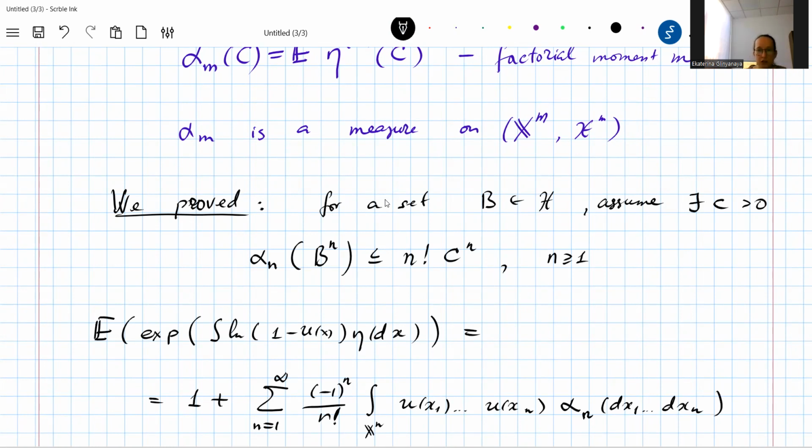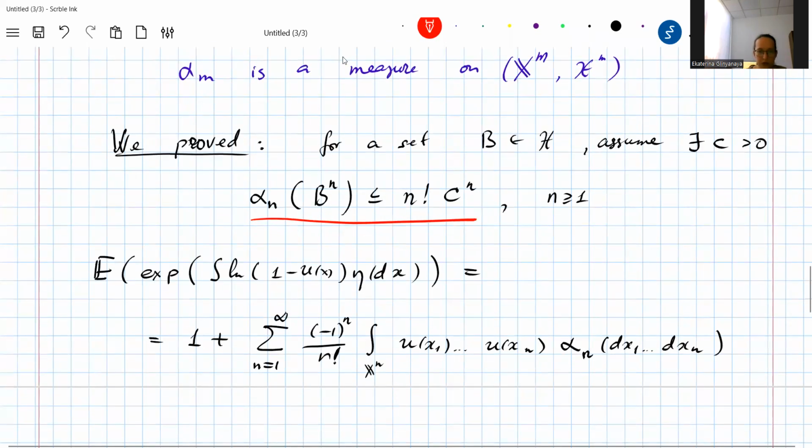So under such a condition, this series converges absolutely. We just use this condition to prove that we can write this.